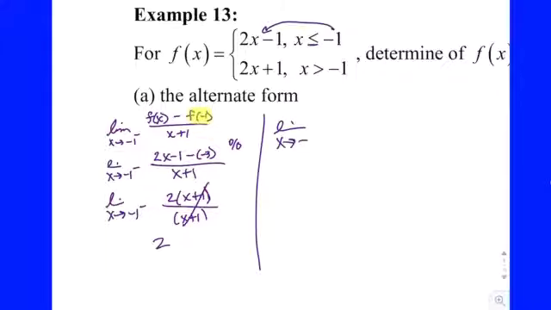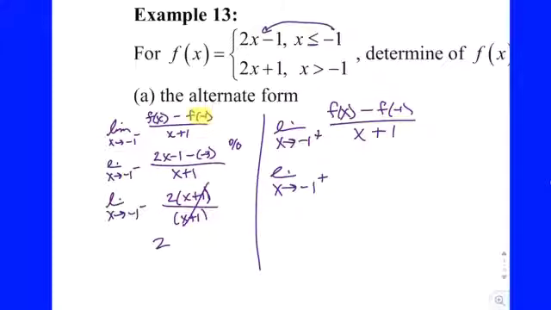The limit as x goes to negative 1 from the right-hand side is, again, f of x minus f of negative 1 all over x minus negative 1, which is x plus 1. So this part changes every time. The variable piece, f of x, changes depending on which piece you're using.